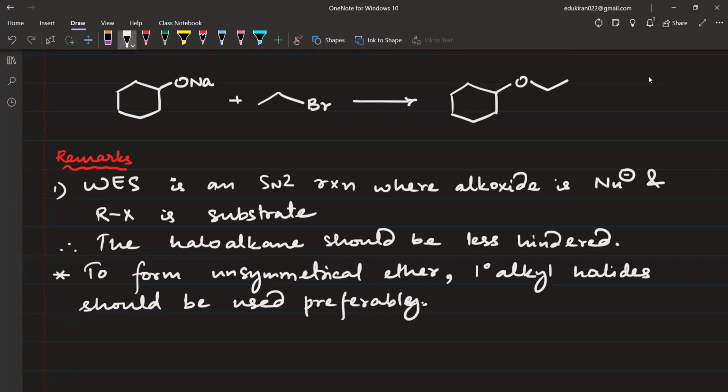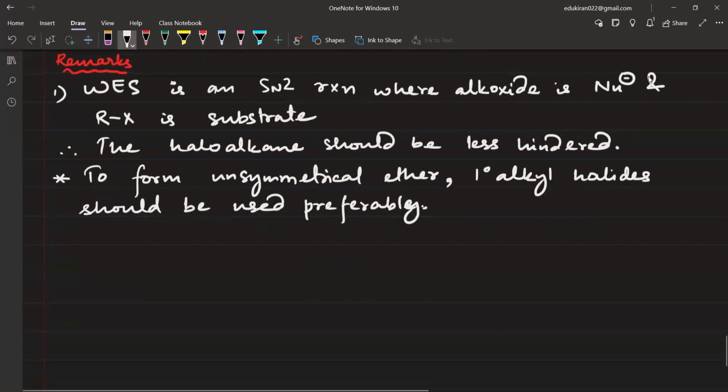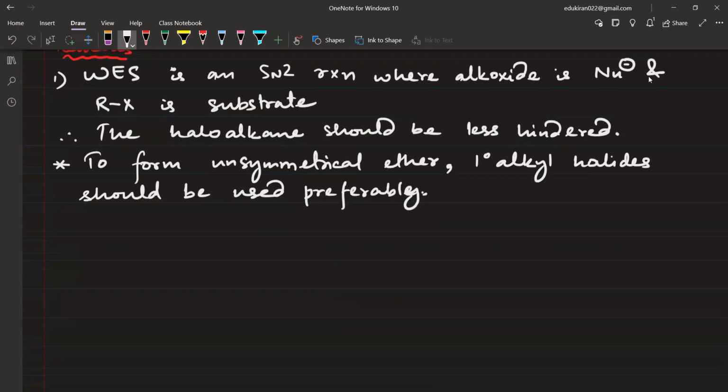So when you are making unsymmetrical ether, you will see some questions related to it, where you have been given an unsymmetrical ether and they're asking what reactants you will use to make this ether. So whenever you are making unsymmetrical ether, try to have the alkyl halide as 1 degree.